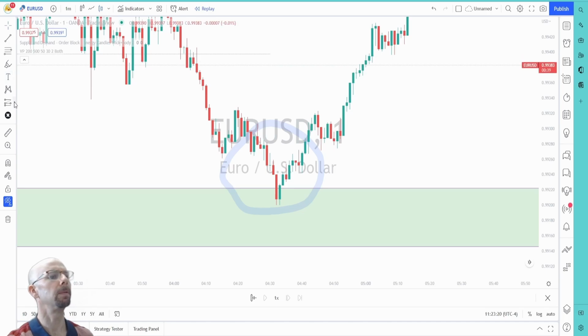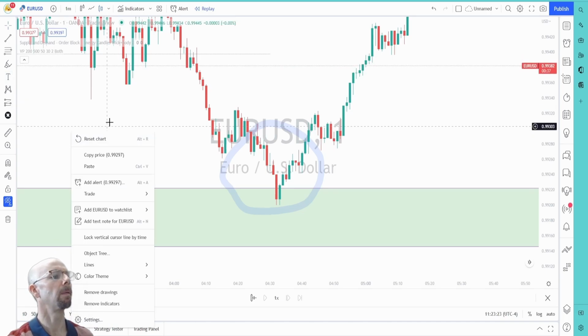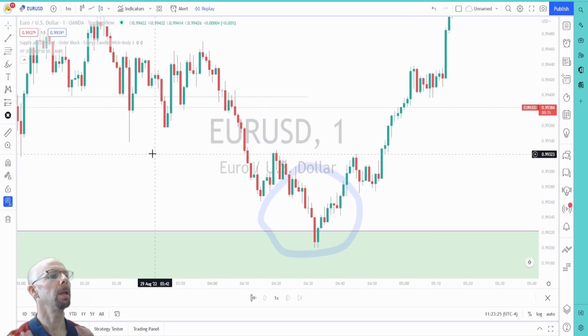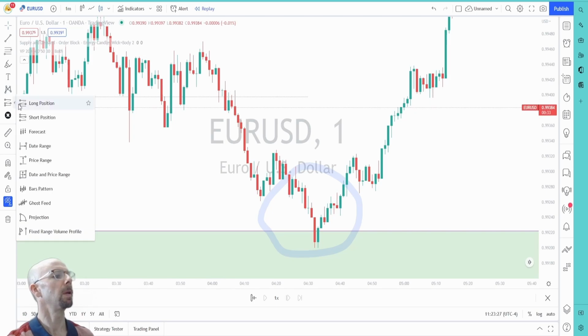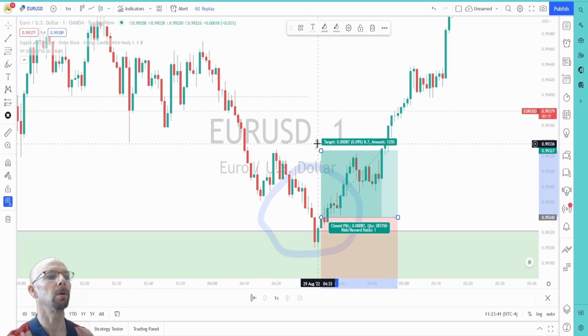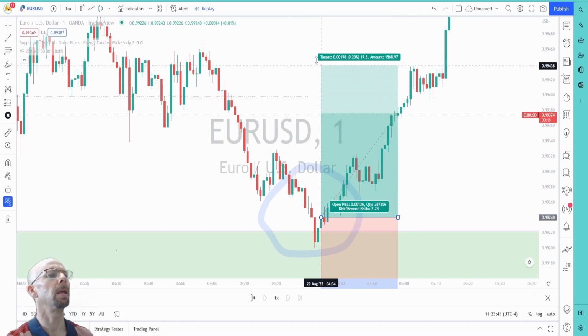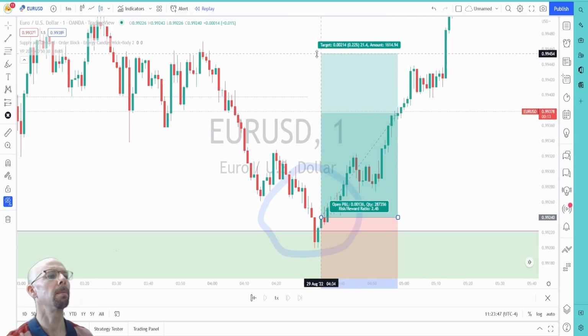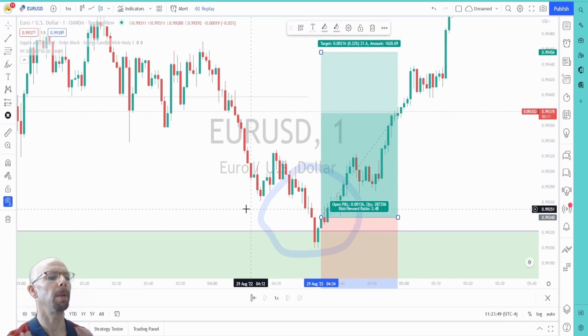Now, if you would have gotten in on this trade, I wouldn't have gotten in on this candle. This wasn't a big enough signal for me. Now, you might have been comfortable with this, but I wouldn't have. I would have waited for this other candle to close, or just a few seconds before it closed, and I would have targeted the high, but oftentimes I'll manage the trade too.